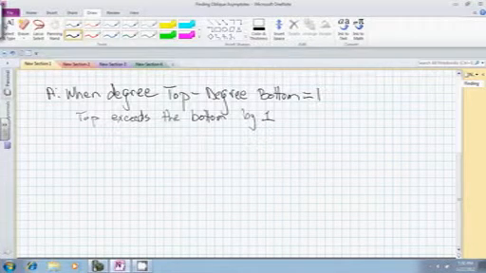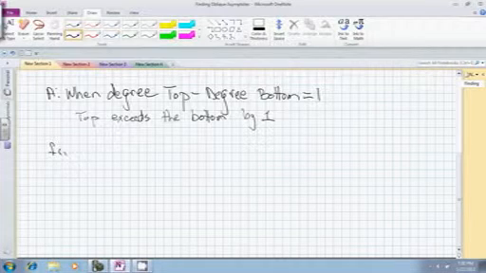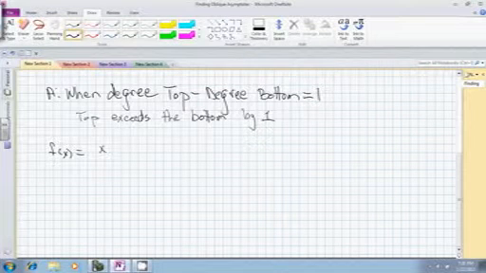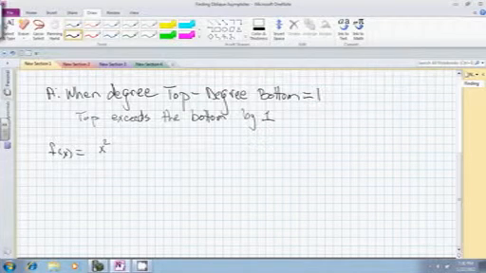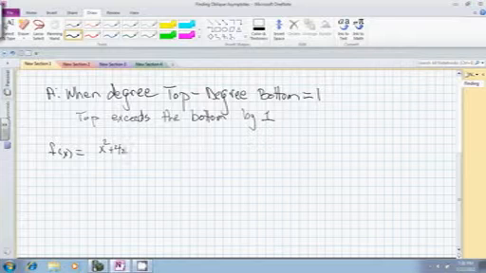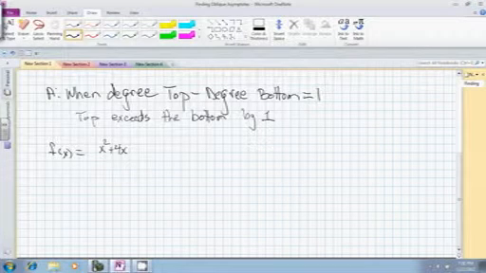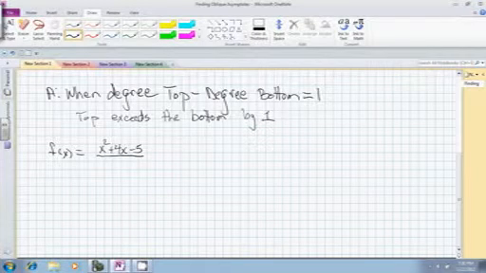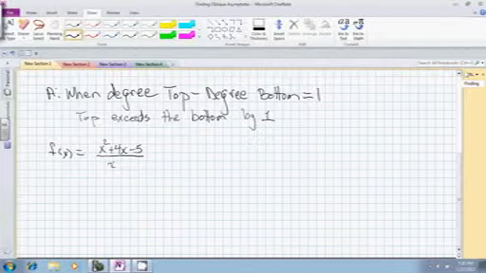Okay, so an example of that would be like x squared plus 4x minus 5 over x plus 1.